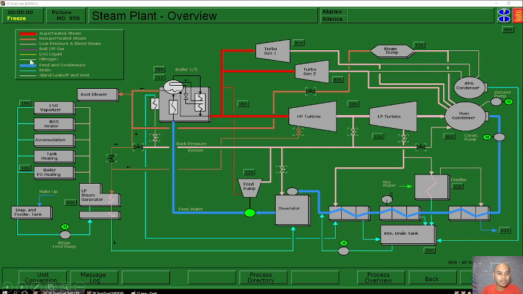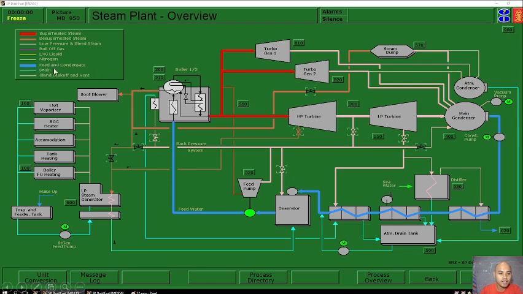We have white for nitrogen. Usually there is no nitrogen in our diagram. The nitrogen is used to cool our LNG, and it can also be used as protection for the boiler.